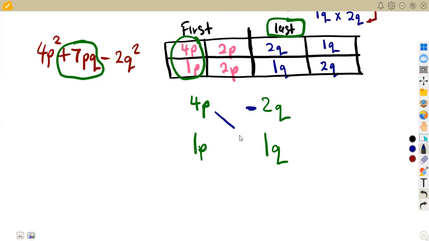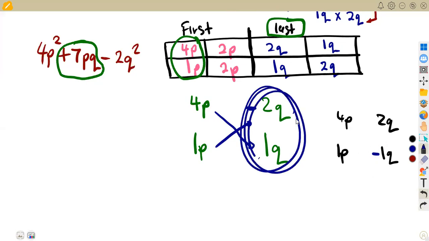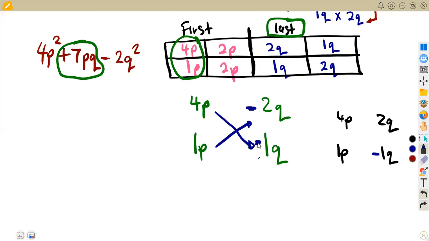So we have another condition here: 4p, 1p, 2q, and 1q, but we interchange and give this one a negative, because if you multiply your lasts, they must give you a negative 2q squared.